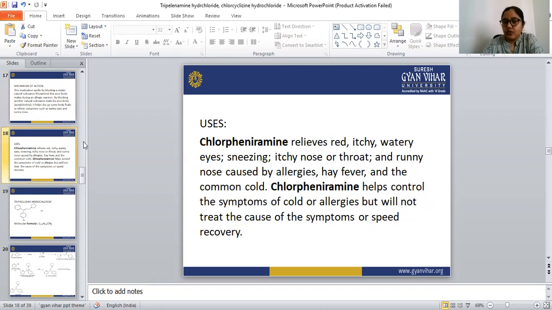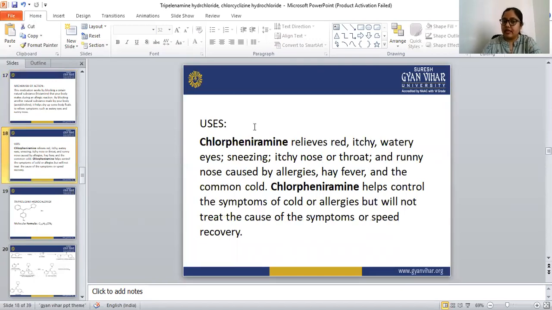And let's see what are the uses of the chlorpheniramine. Chlorpheniramine relieves red, itchy, watery eyes, sneezing, itchy nose and throat, and runny nose caused by allergy, hay fever, and the common cold.